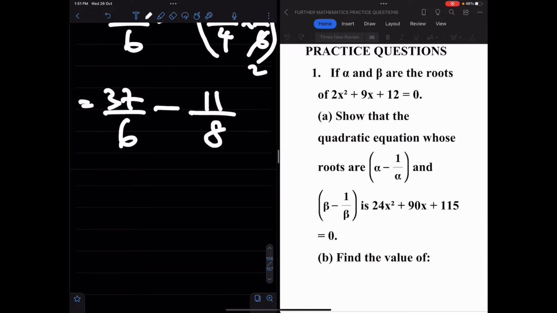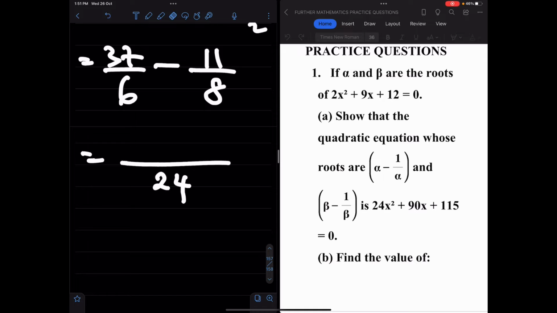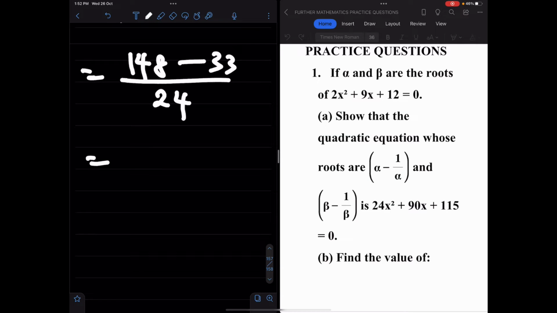I think that's correct, and that's equal to, the LCM is 24. 6 and 24 is 4 times 37, that's 148, minus, 8 and 24 is 3 times 11, is 33. So that's the same as 115 over 24. I think that's correct. 115 over 24.